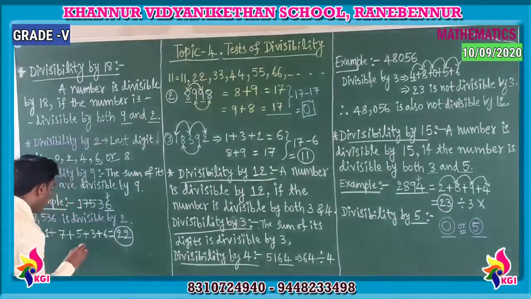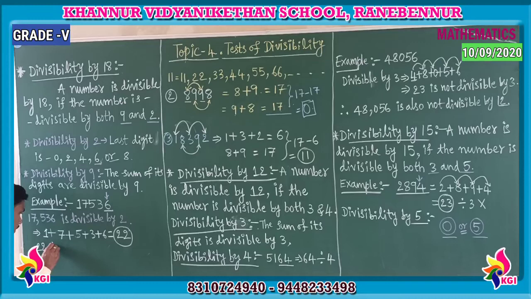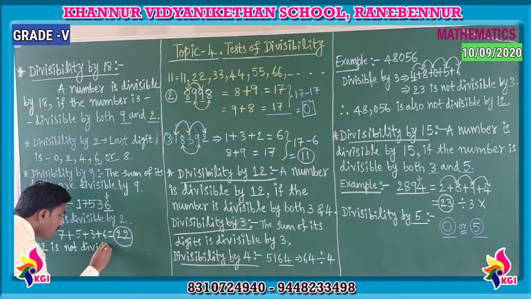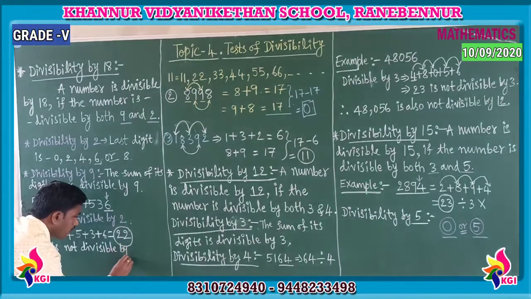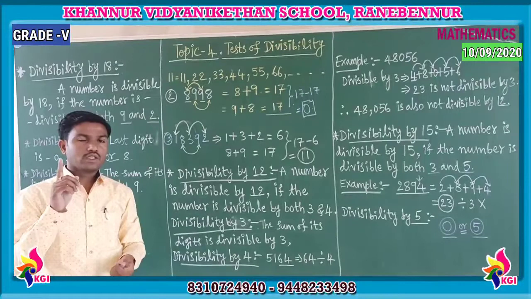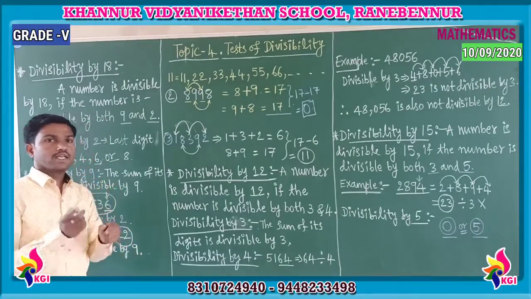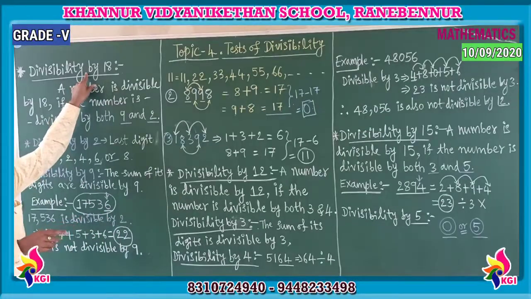No, 22 is not divisible by 9. So that number is divisible by 2 and not divisible by 9, which means it is not divisible by 18.